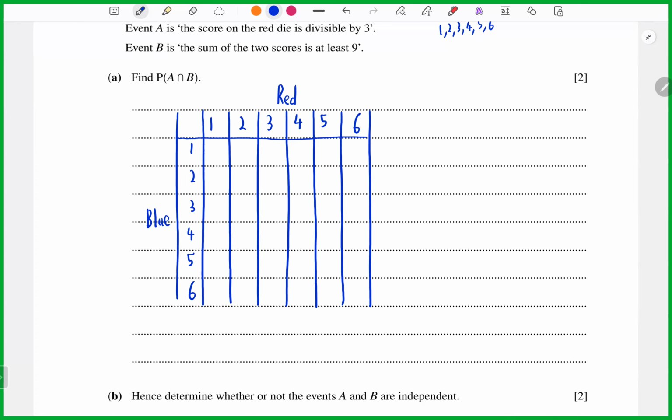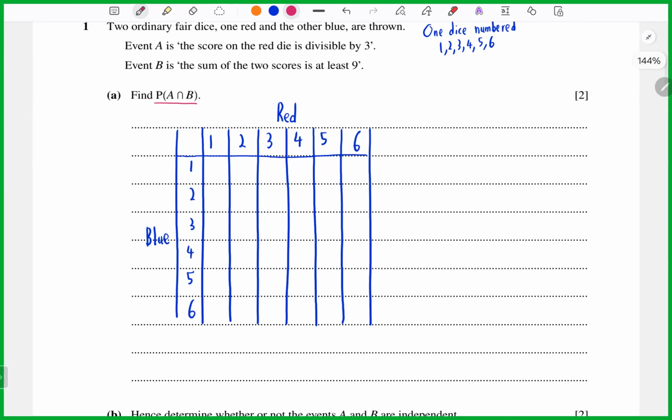Because now we need to find the probability of A and B, right? So A is the score divisible by 3, and event B is the sum of the two scores is at least 9. So I will use event B for this diagram, for this table. So let's try out.